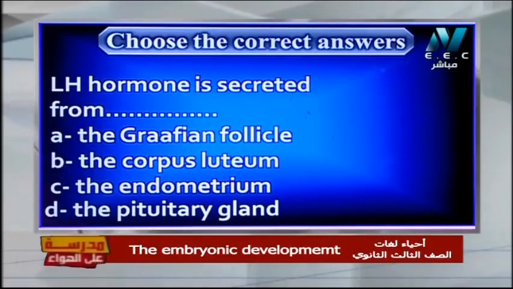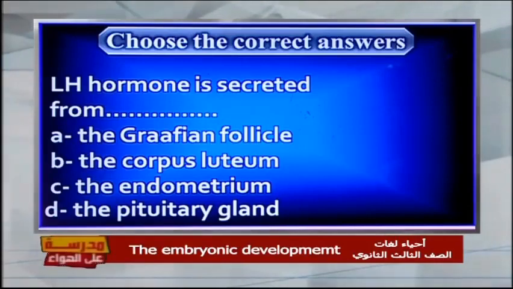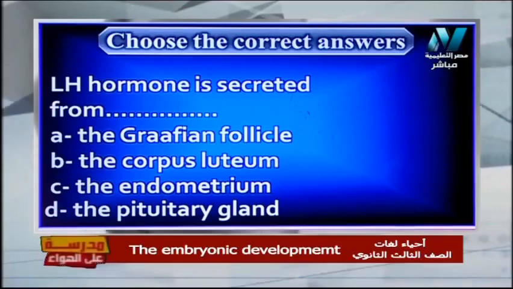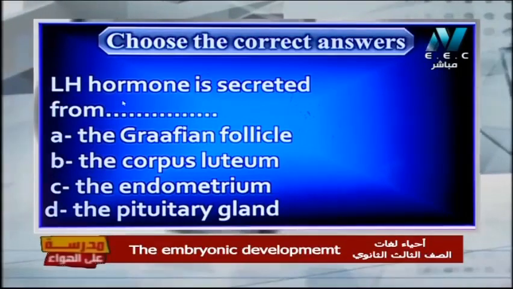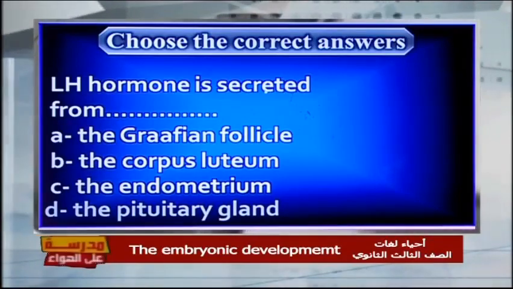LH hormone is secreted from dots: Graafian follicle, corpus luteum, endometrium, the pituitary gland. طبعا LH زيه زي ال FSH، الاثنين من الادينو هايبوفيزس of the pituitary gland. يبقى الرايت انسر the pituitary gland.